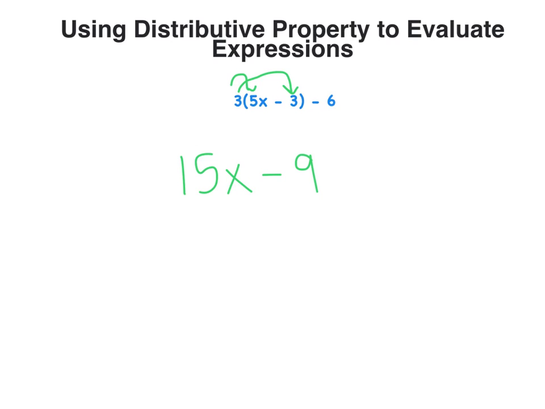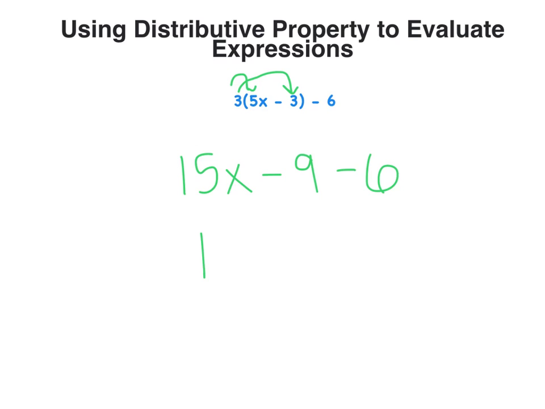Well, we are not going to distribute our 3 to the minus 6 because the minus 6 is not inside of our parentheses. If a number is not inside of your parentheses, you are just going to leave it alone and bring it down with you. Now, are there any terms that we could combine? We can combine minus 9 and minus 6 because they are both whole numbers.